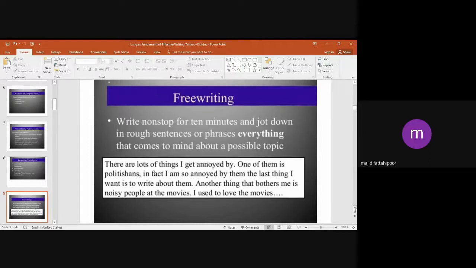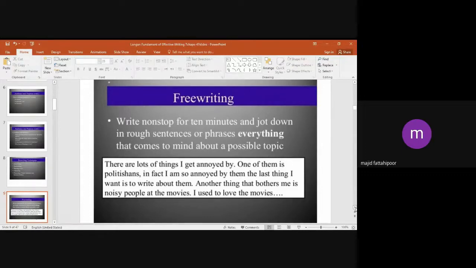For example, this student has written this paragraph. There are lots of things I get annoyed by. One of them is politicians. In fact, I'm so annoyed by them, the last thing I want is to try to write about them. Another thing that bothers me is noisy people at the movies. I used to love the movies, and so on and so forth.